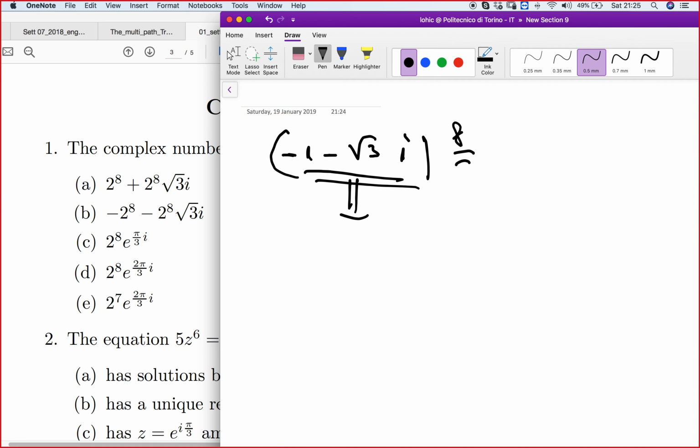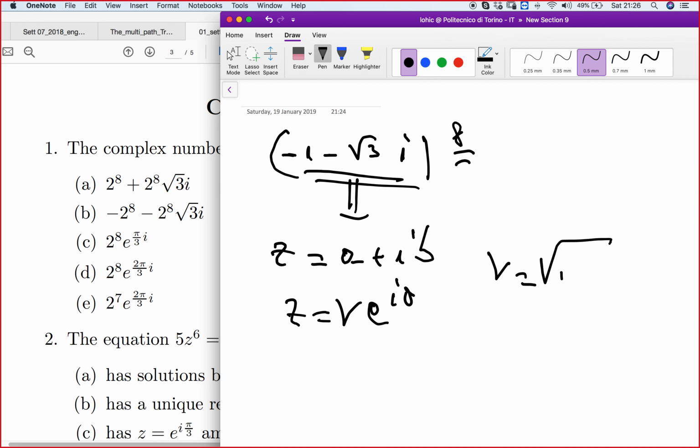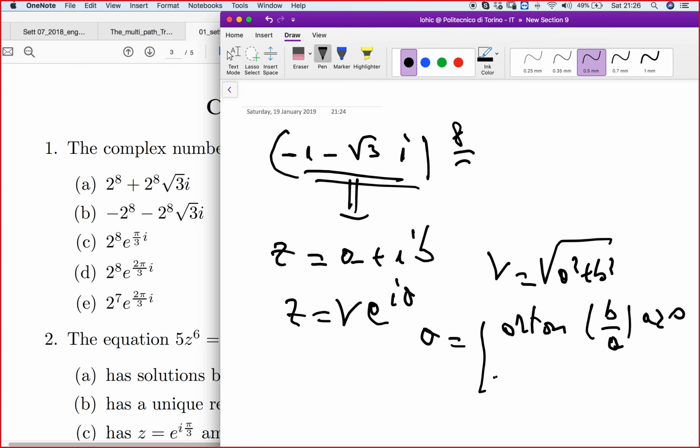Just to remind you, if you have the complex number z equal to a plus ib, the exponential form is z equal to r times exponential of i theta, where r is the square root of a square plus b square, and theta is arctan of b over a if a is greater than 0, and arctan of b over a plus pi when a is smaller than 0. Is that clear?